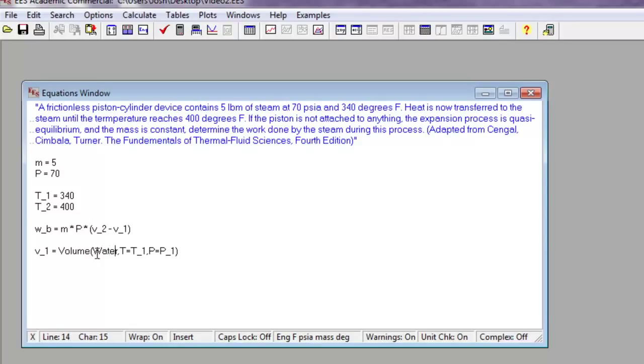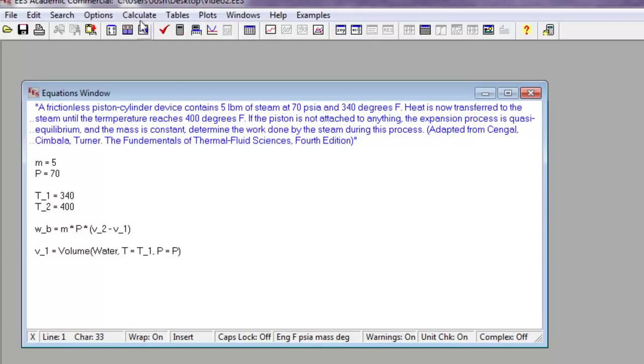The first part denotes what kind of substance you're working with. Here we have water, and the two other parameters that you give it basically tell EES where it's grabbing these other parameters from. So here we have the temperature that it's using is equal to T1, which we give right here, and the pressure that it's using is just going to be equal to P, which we give it up there.